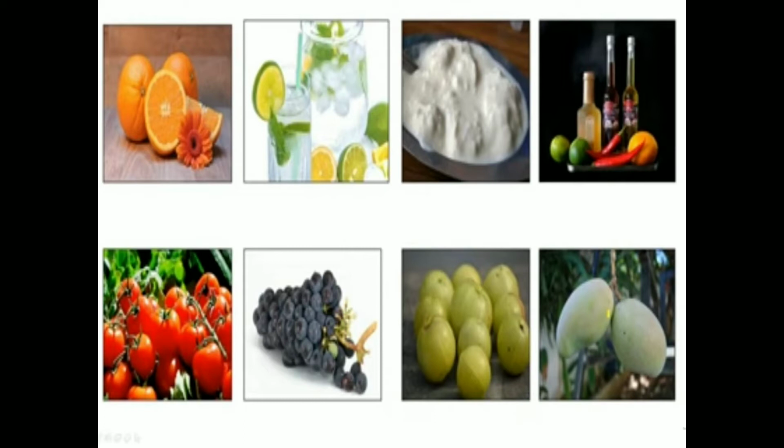Take some medicines, like those for stomach ache due to indigestion. Sometimes when we eat a lot of junk food, oily and not so hygienic food outside, what happens? You get stomach and digestion problems.